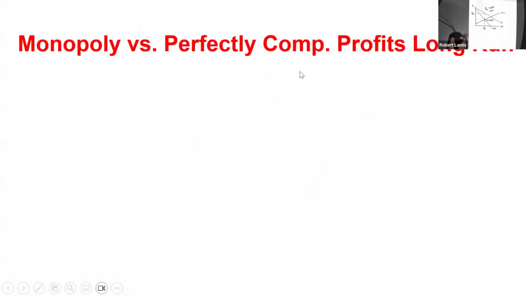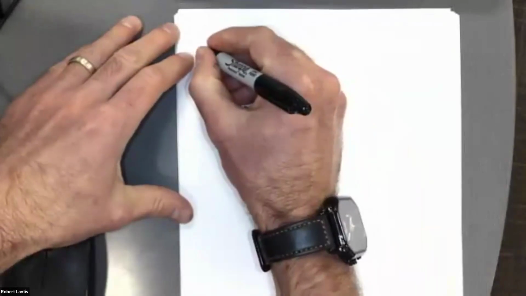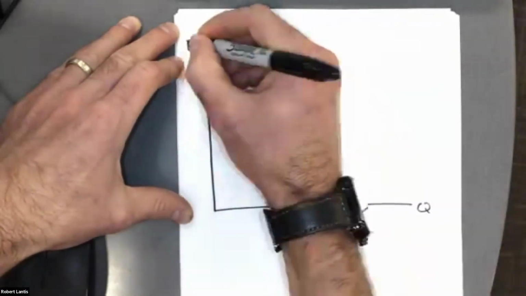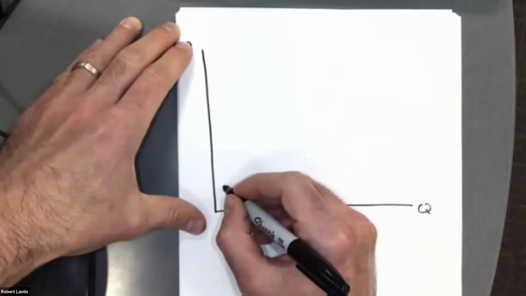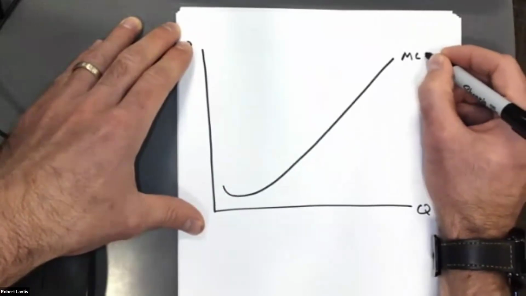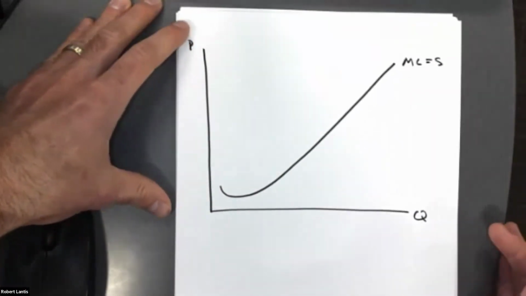Okay, so we'll look at monopoly versus perfectly competitive profits, right? And then I'll also allude to something that's going to happen. Okay, so let's say I've got quantity and price here, and here's my marginal cost curve, which, if I have one firm, would also represent the entire supply curve.